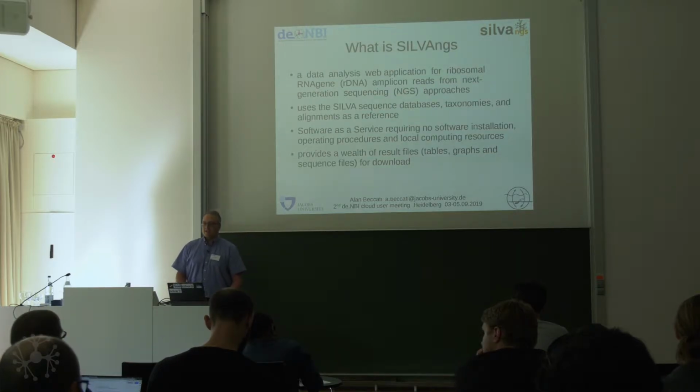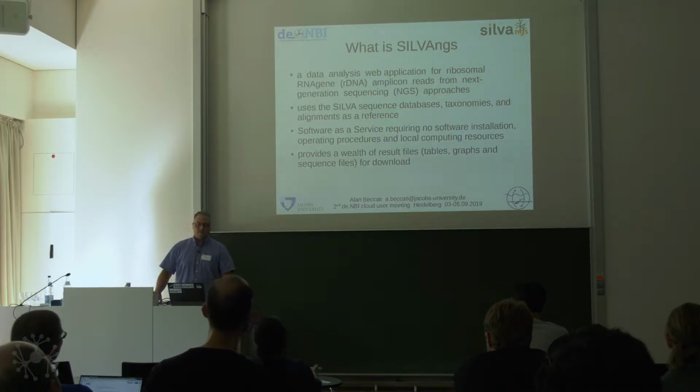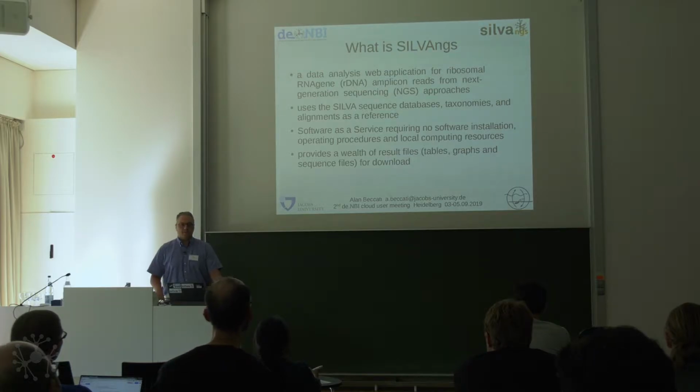So what is SILVAng? It's a next generation sequencing analysis platform, and it's based on the ribosomal RNA gene. It is provided as a web application, so basically it's software as a service that we provide on top of the de.NBI cloud, in cloud terms.